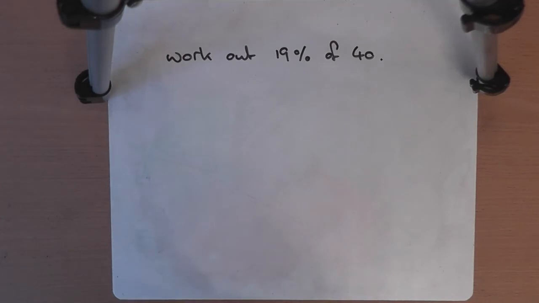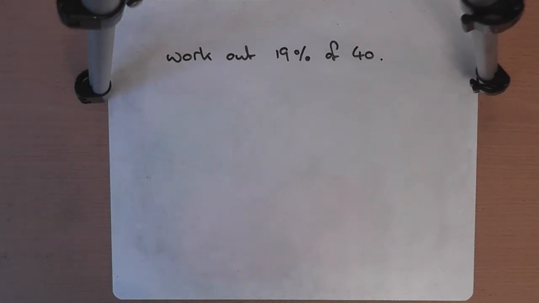So this idea of percentages and using them to find chunks of a particular number of things is perhaps best seen with a particular example. So what we're going to do is we're going to use these percentages, we're going to break this down into smaller chunks, and we're going to ultimately work towards this particular question. Work out 19% of 40. So this is just a random percentage of a random number, but we're going to get there in stages.